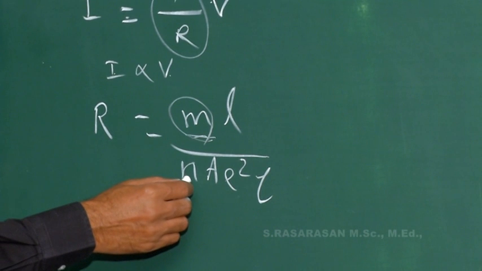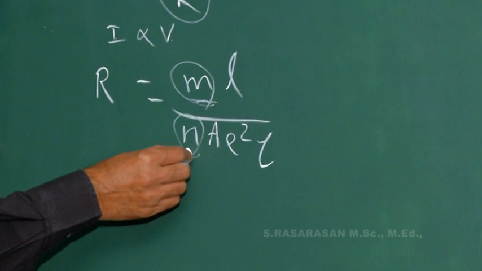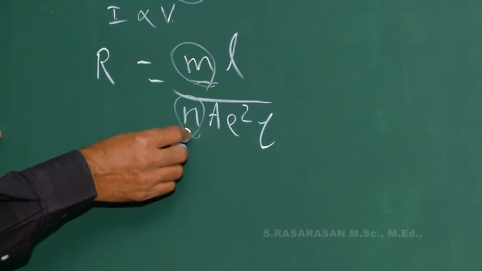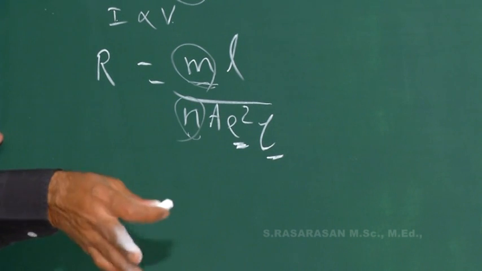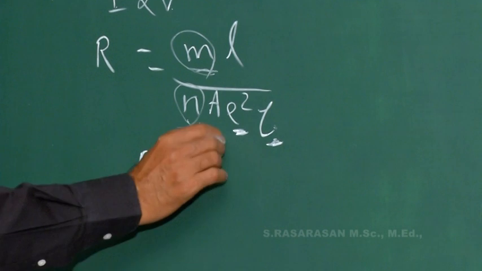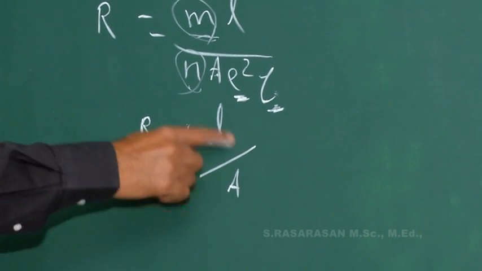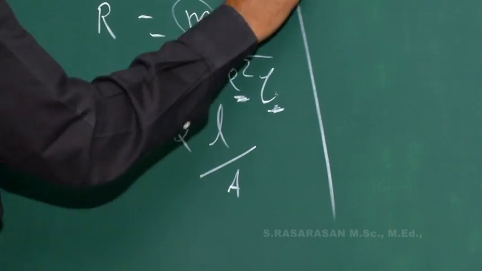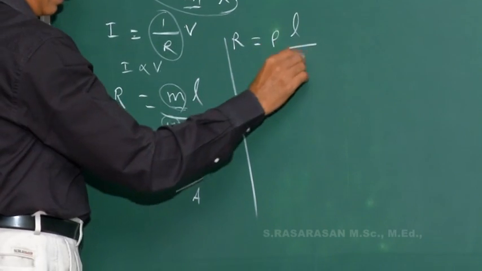For a given material, the number density or electron density, the number of electrons per unit volume, is constant. The charge of the electron is constant. And at a given temperature, tau is constant. So R is proportional to L by A. R is equal to rho into L by A.